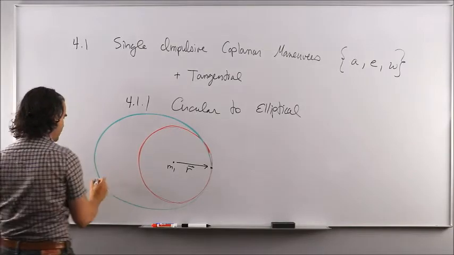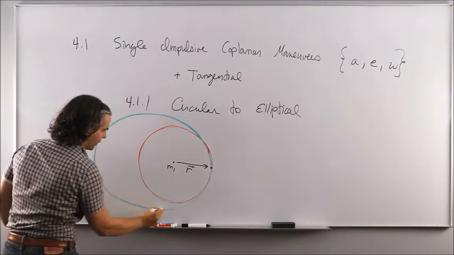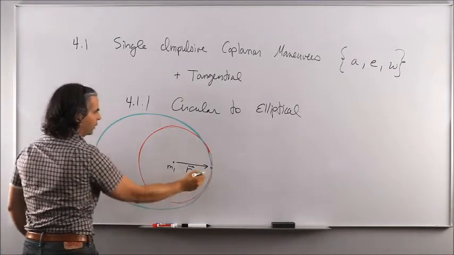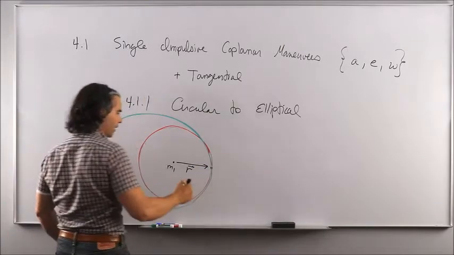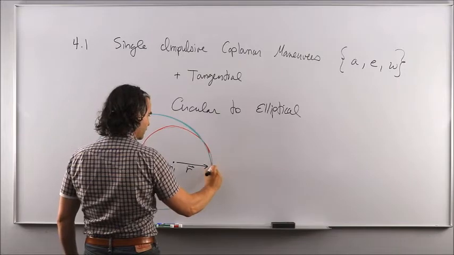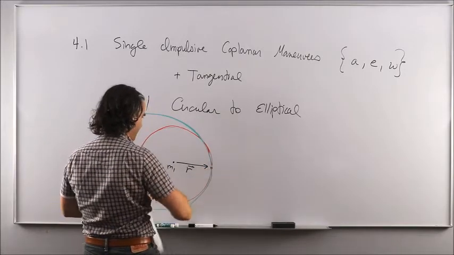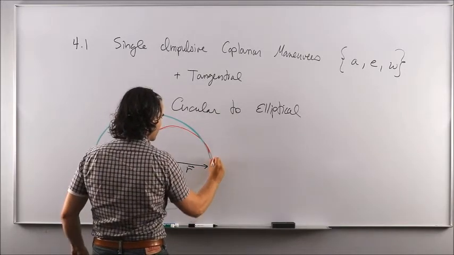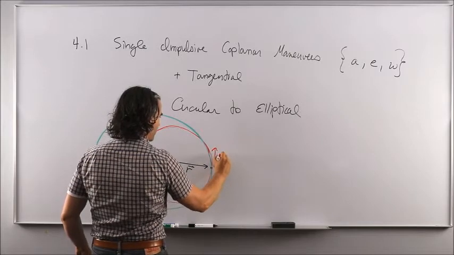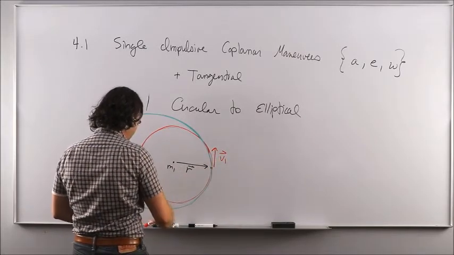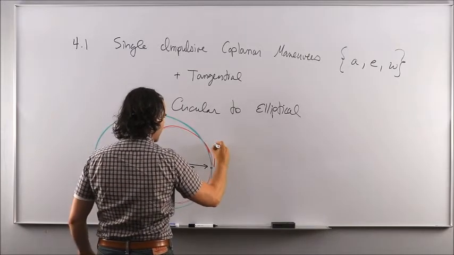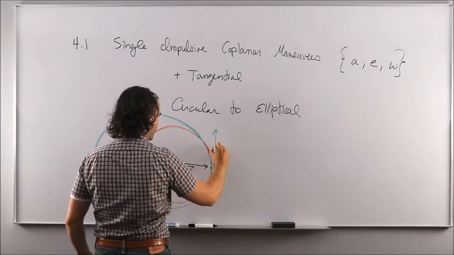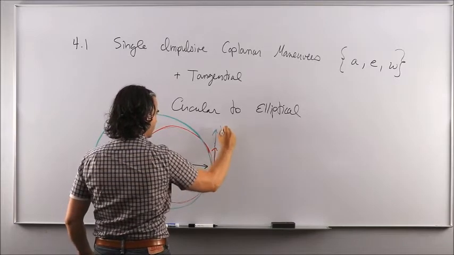So red is the initial circular orbit. We picked a point along this circular orbit, increased our velocity vector, or increased the speed. So we went from v1 vector to all of a sudden v2 vector at the same point without changing the position vector, like that.